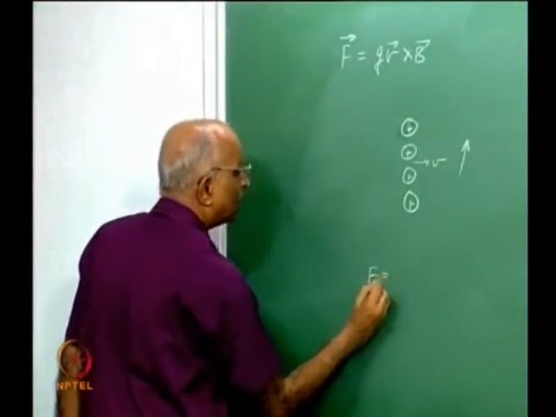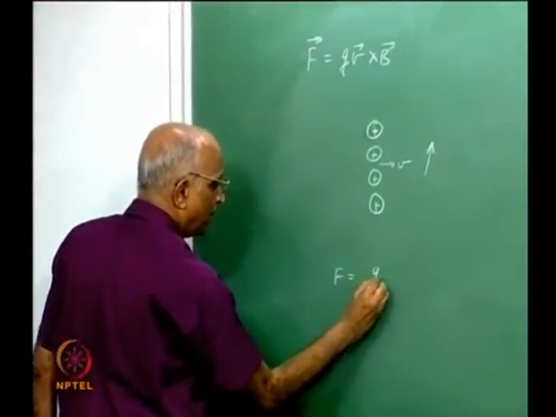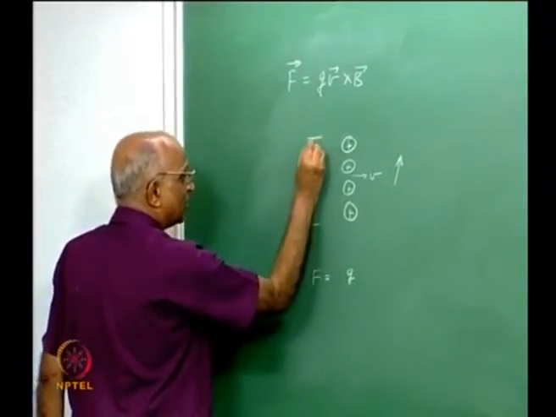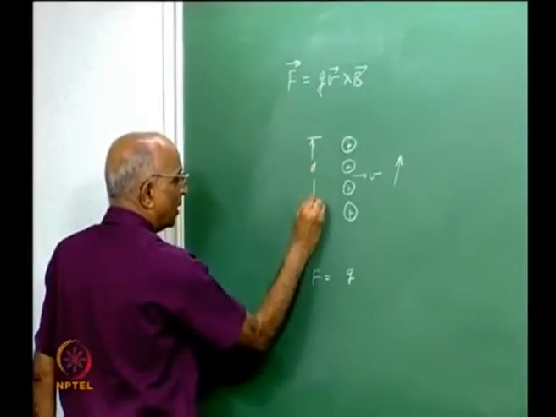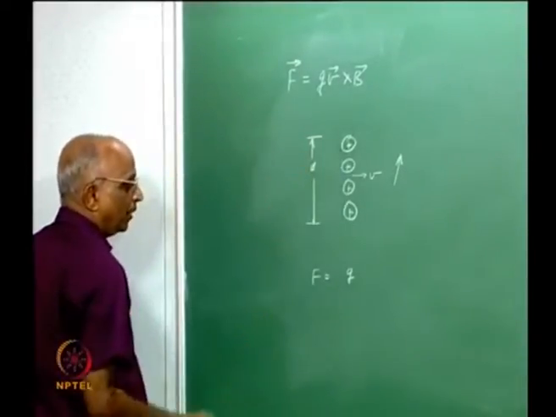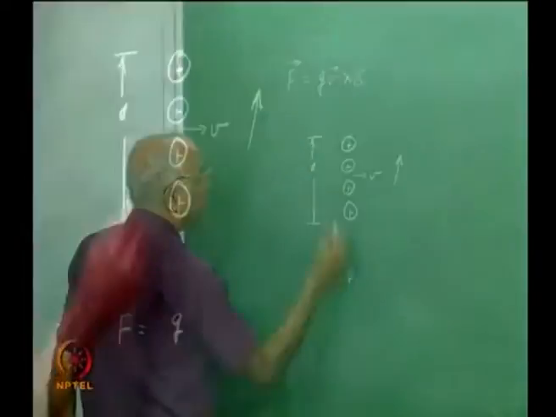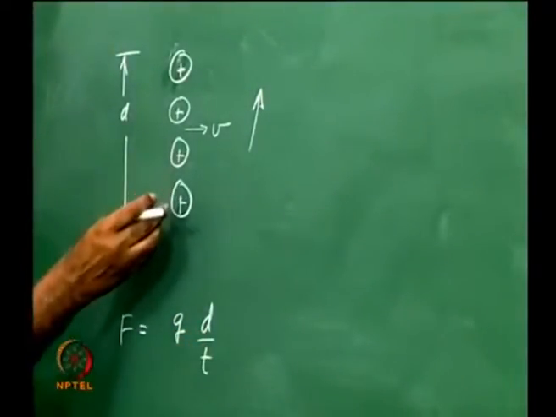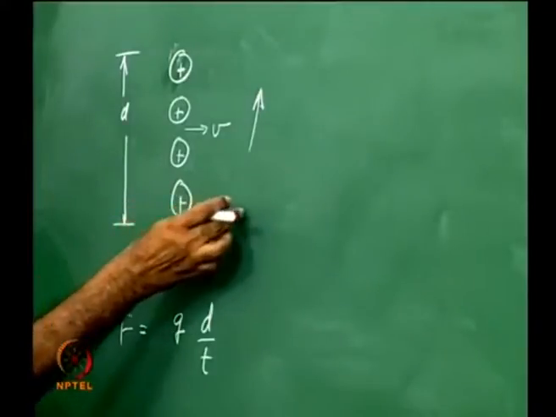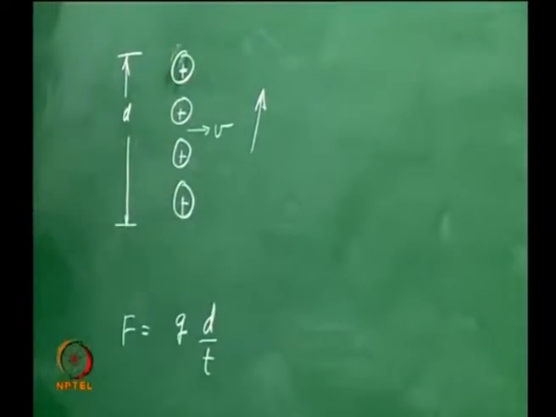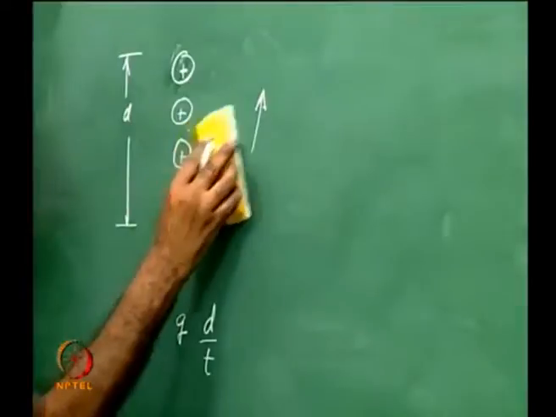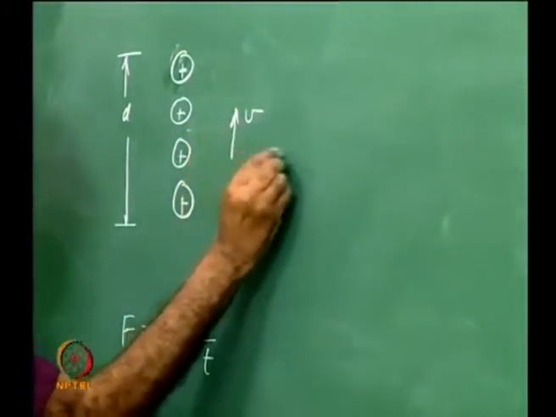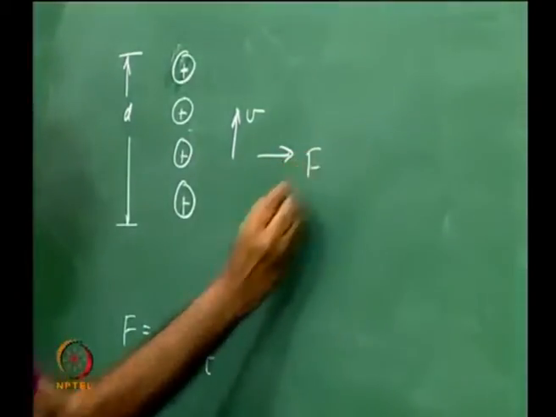We have force equal to q into the velocity. Let us say I have a distance d over the field, and I am interested in velocity, therefore I can write velocity as d by the time taken for the body to experience a force, or rather let me say I move it in this direction such that I get a force in this direction.